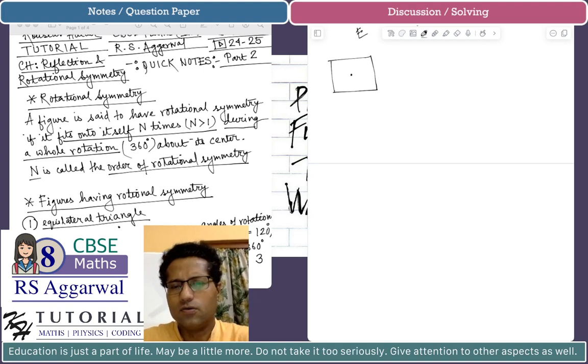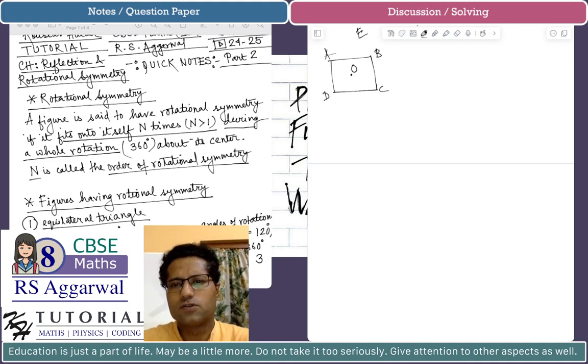Imagine a line passing through the center O, perpendicular to the plane ABCD, which is a square.